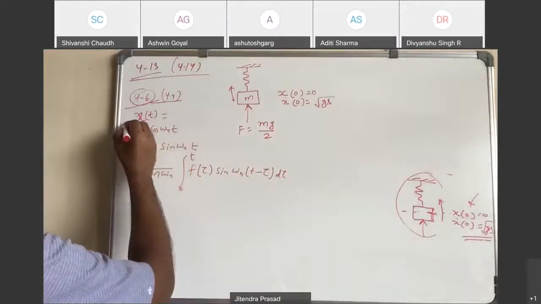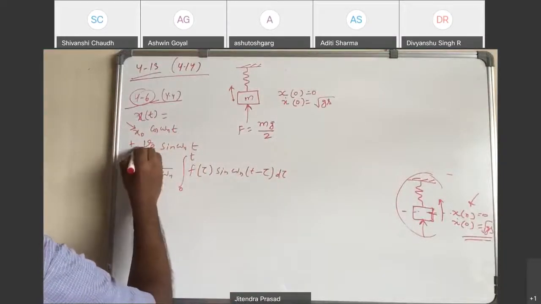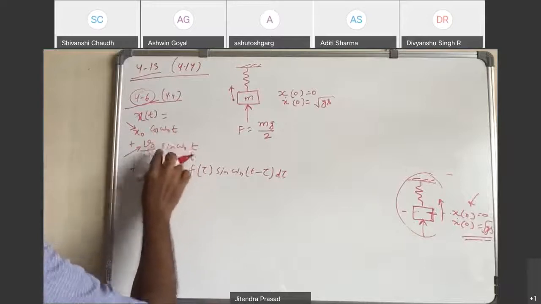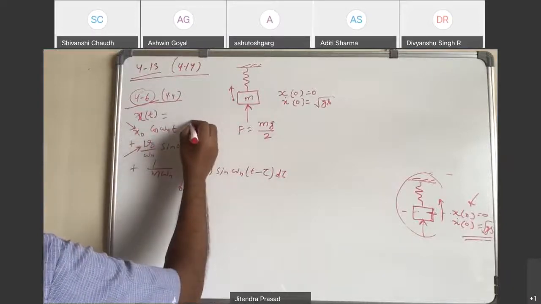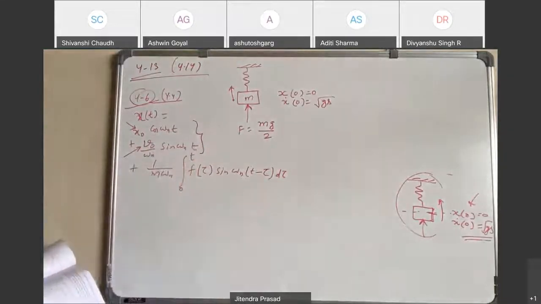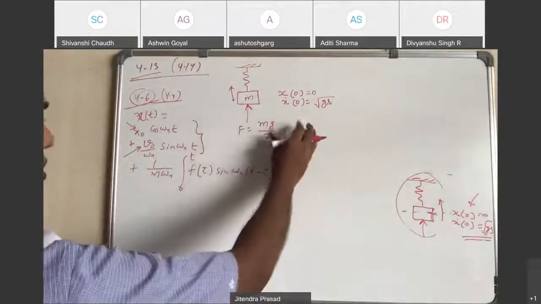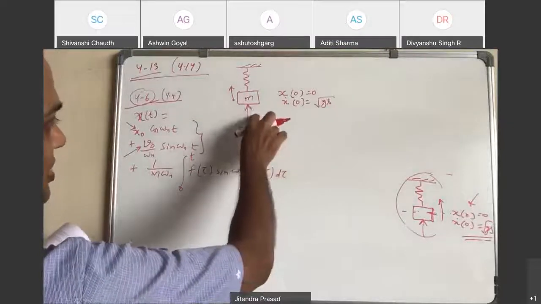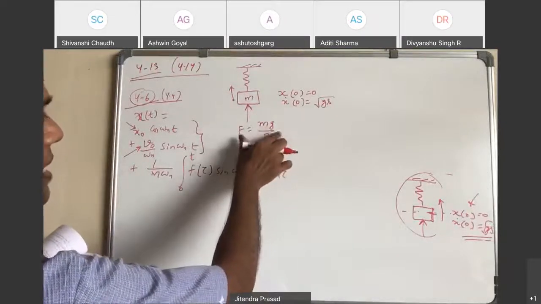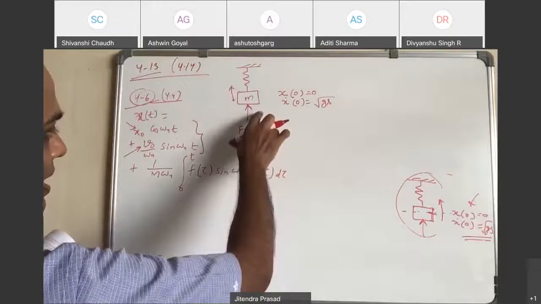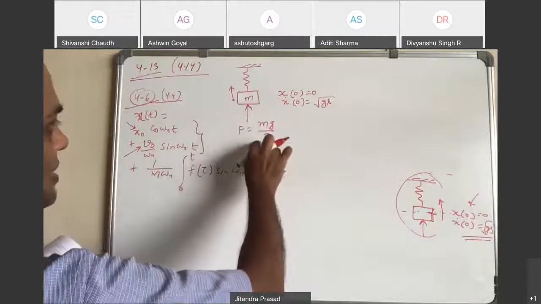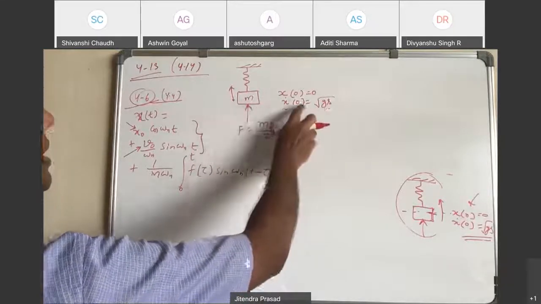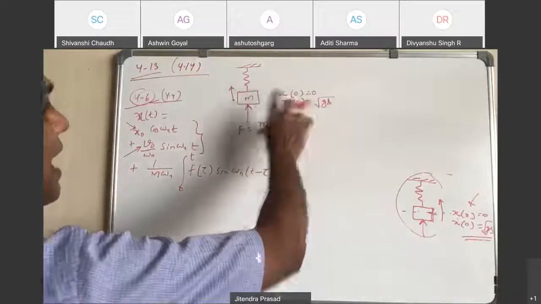If you have the initial displacement and initial velocity, they will come into the picture here, and the same equation, these are nothing but the free vibration terms. So along with the actual solution, because of this, the force can now be taken as a step input. For a step input, however, you will have the initial condition given as well.